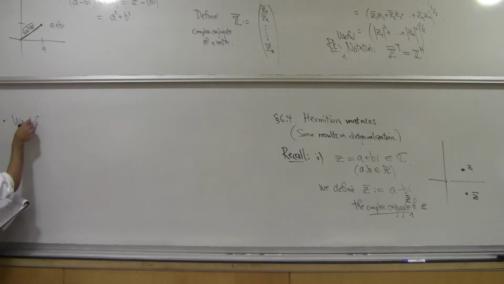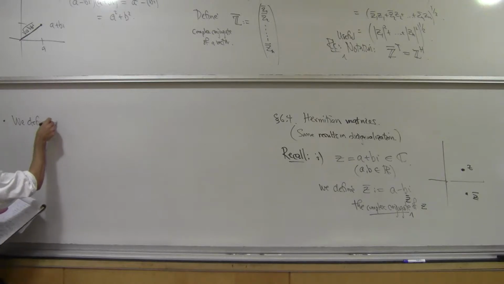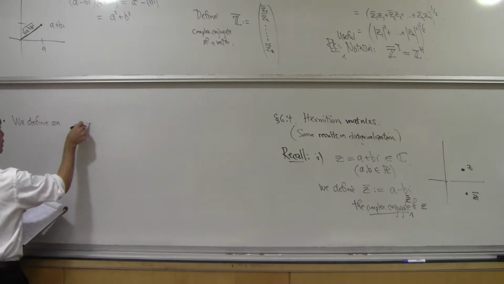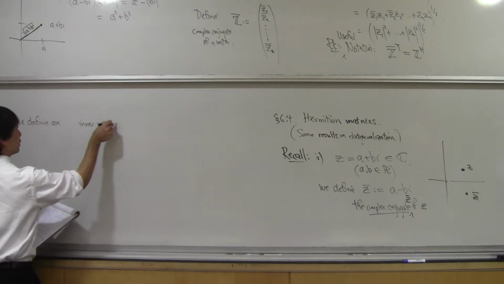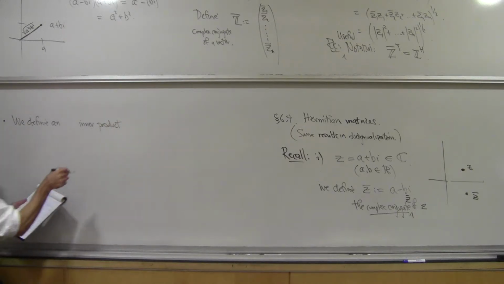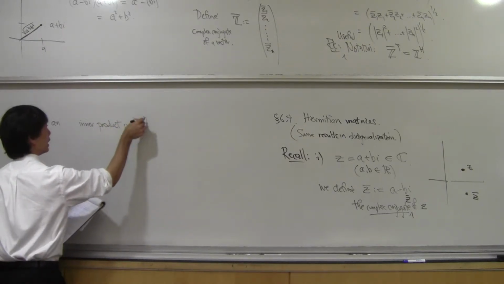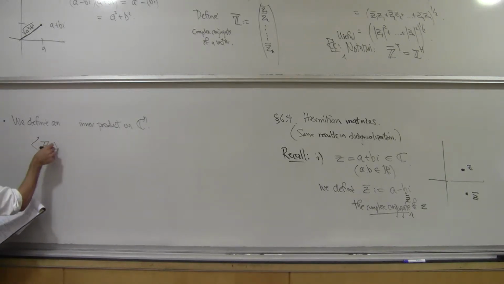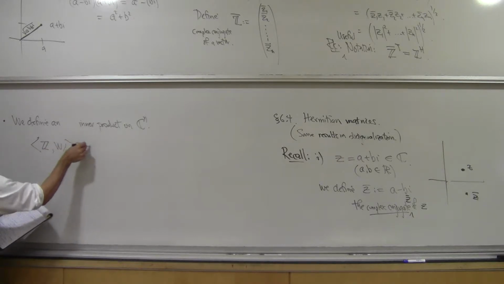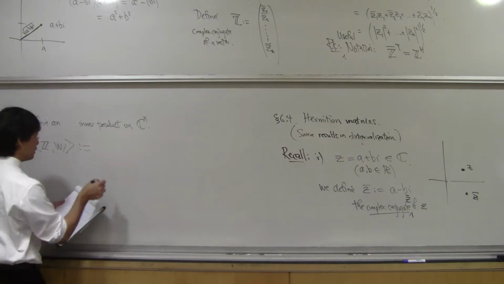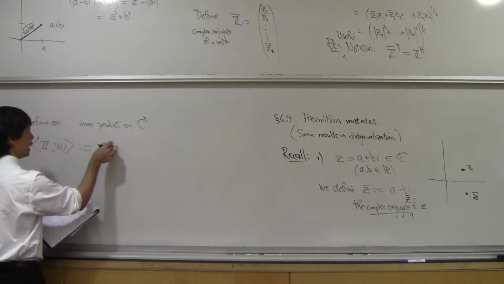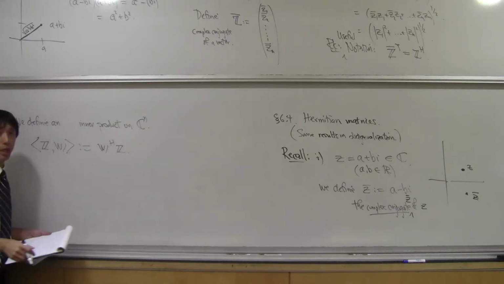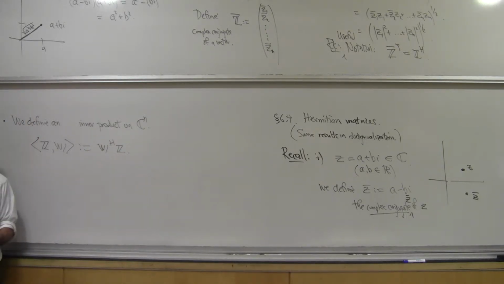We define an inner product on Cn. Okay, and here it is. The inner product of two complex vectors is going to be defined as w^H times z, the conjugate transpose of w times z.